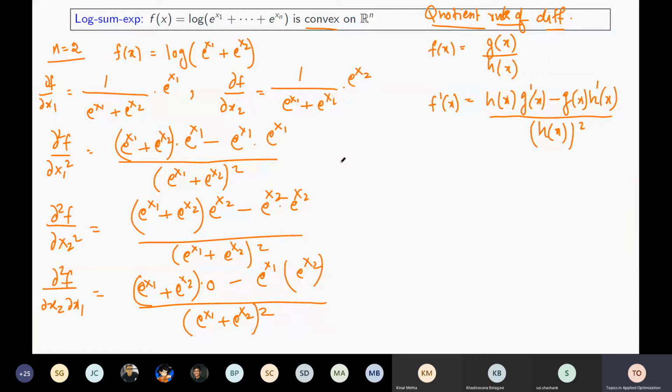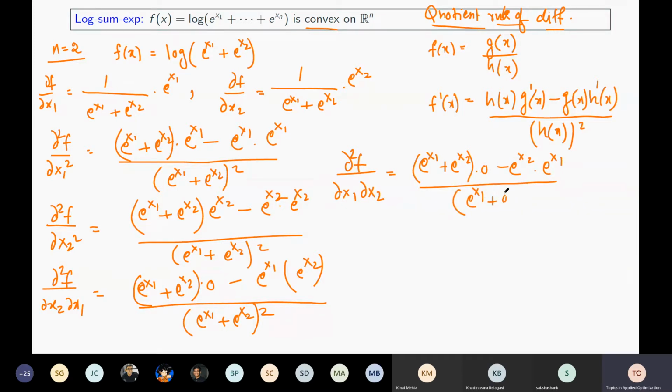By symmetry, we can also write del squared f by del x1 del x2, and this will again follow the same: (e^x1 plus e^x2) times 0 minus e^x2 times e^x1, divided by (e^x1 plus e^x2) squared. It turns out that in this case, this is equal to this.